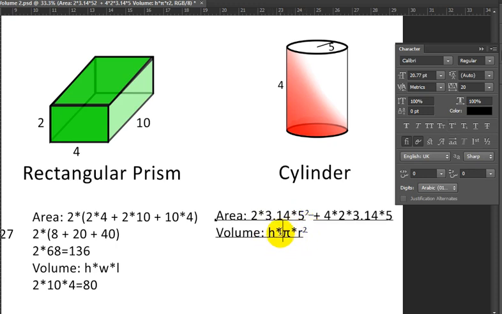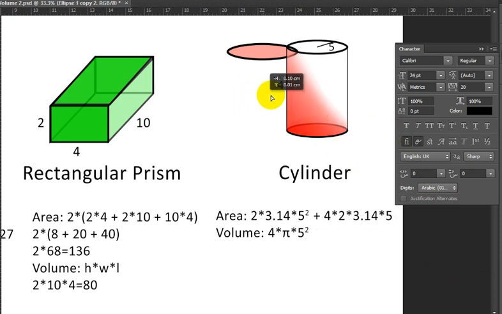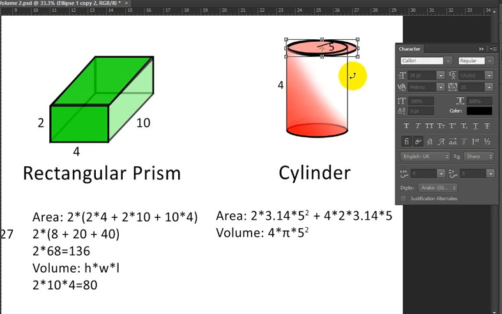Okay, to find the volume, we would just, I would say, the height, so 4 times pi times r squared. The reason for that, if you're looking to better understand it, is we have here one of the bases, right?